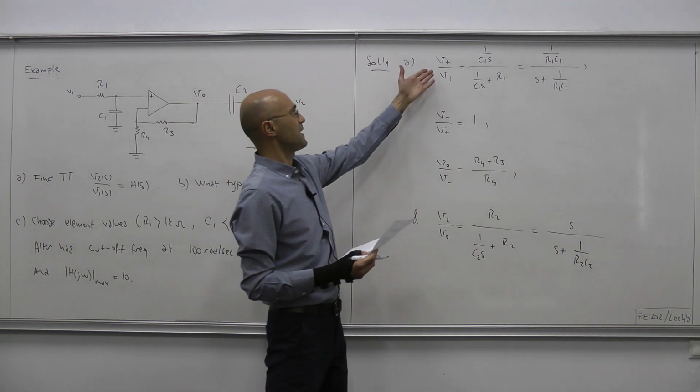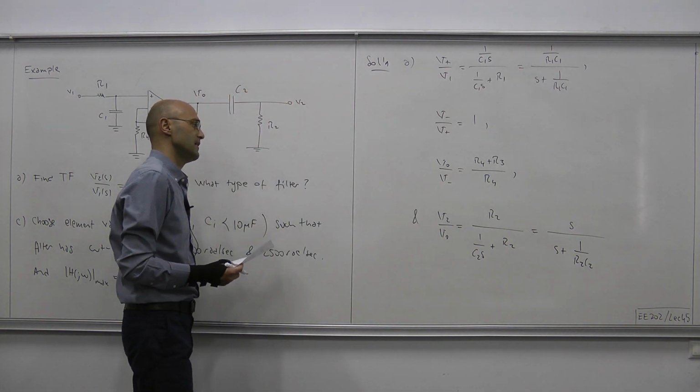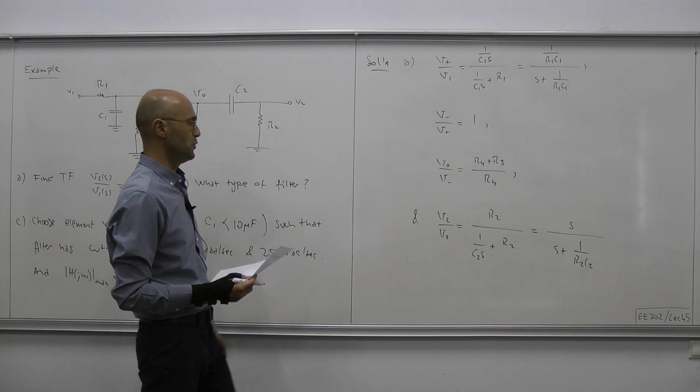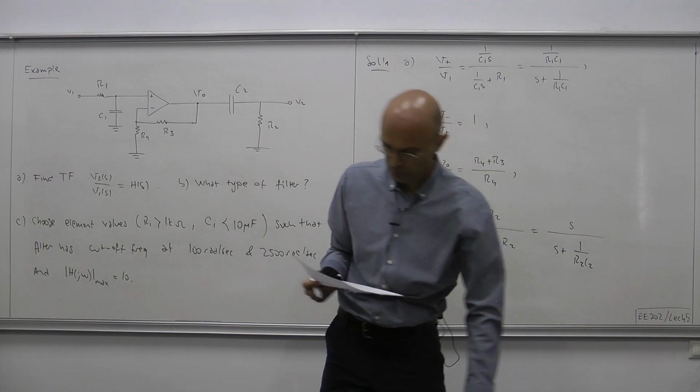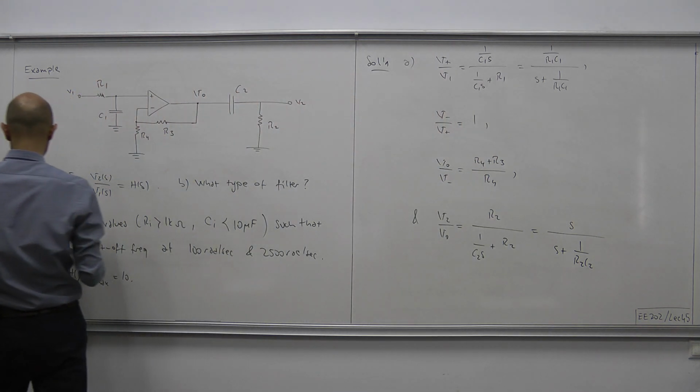Now we have all the intermediate ratios, which when written in a product form will produce the ratio of V2 to V1. So let's do that and obtain our transfer function.